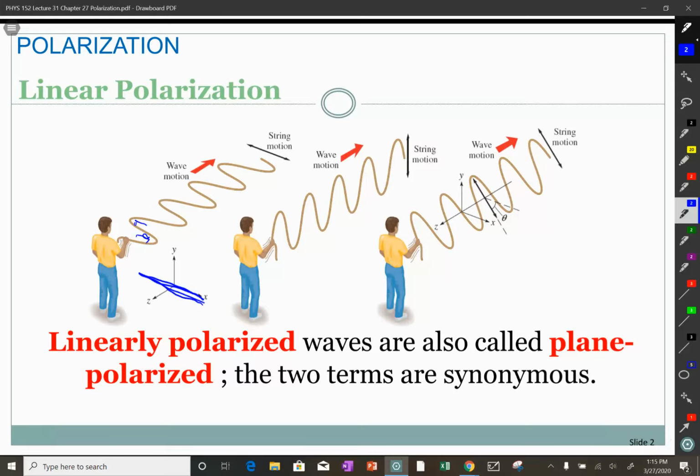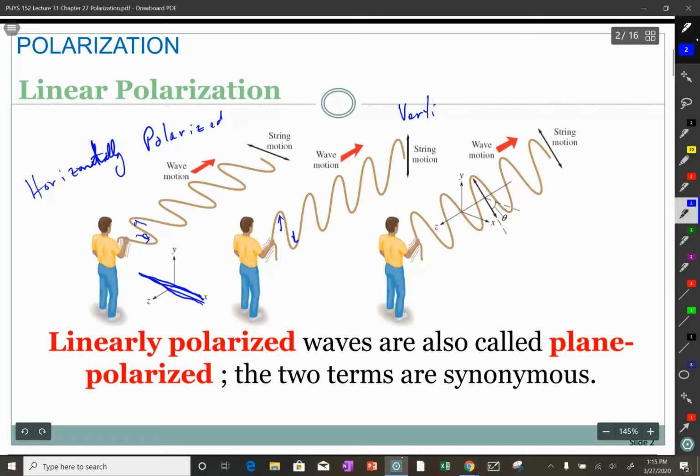We would call this a polarized wave. And in fact, because that x is horizontal, we would say it's horizontally polarized. Here, he's making it oscillate in a vertical direction, the y direction. So now the displacement is in the vertical direction. So this is vertically polarized.